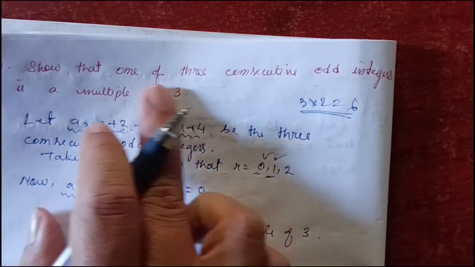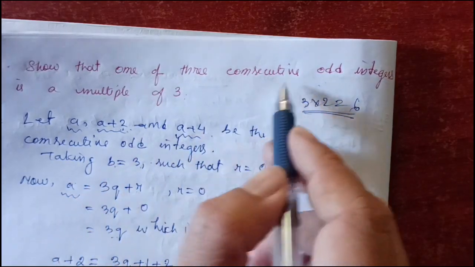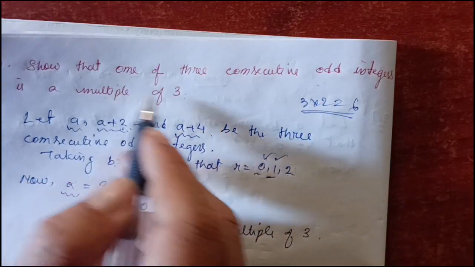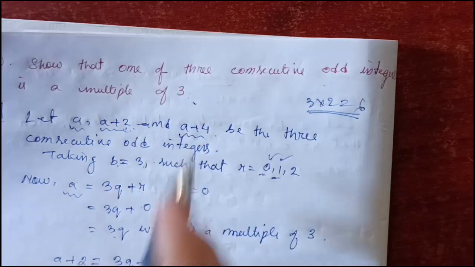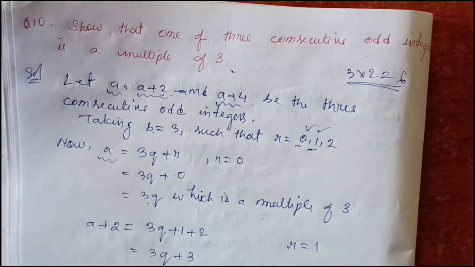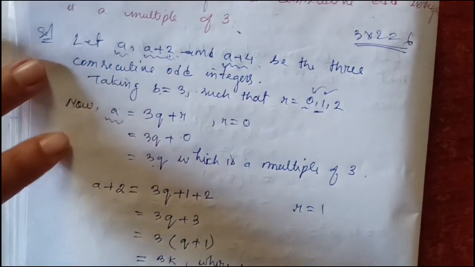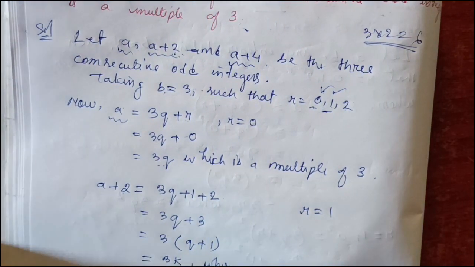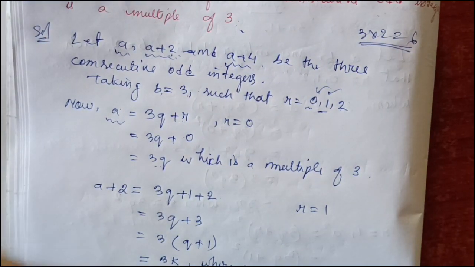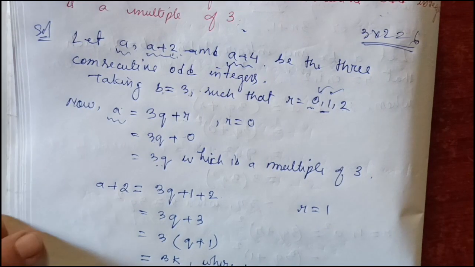Okay, so conclusion you can just copy from the question only. Hence, one of 3 consecutive odd integer is a multiple of 3. Alright, this question is a bit different, so it is very difficult also, so it is important for the exam. Okay, let us go to the next question.